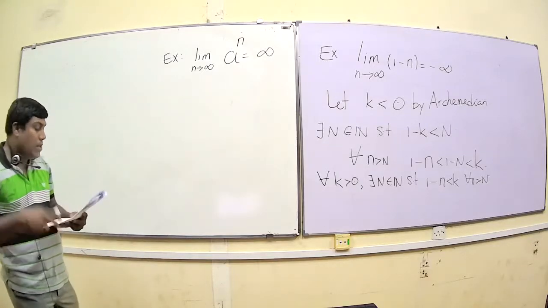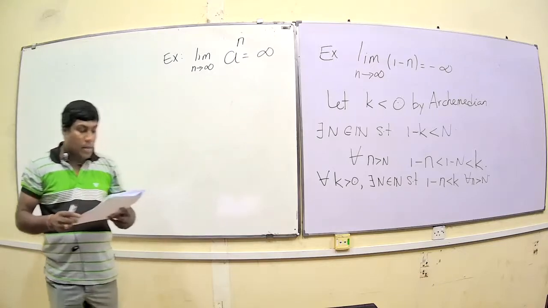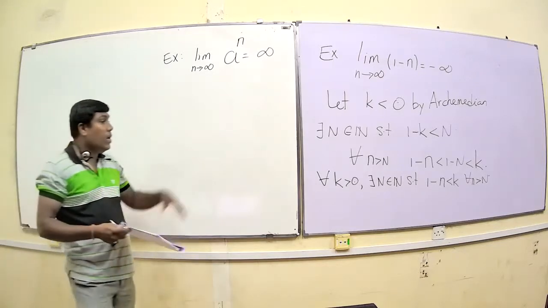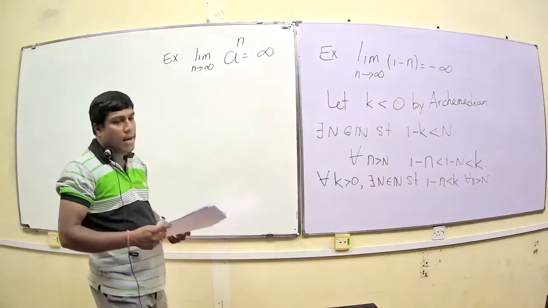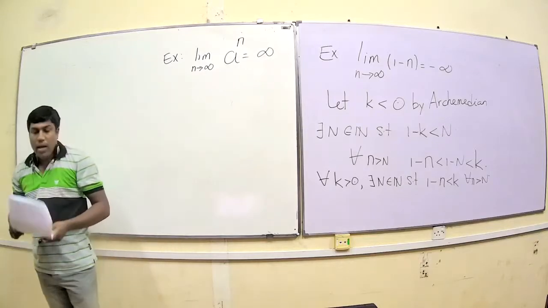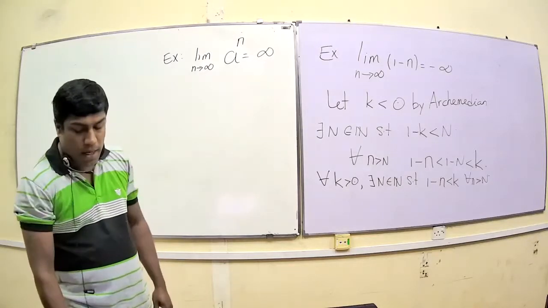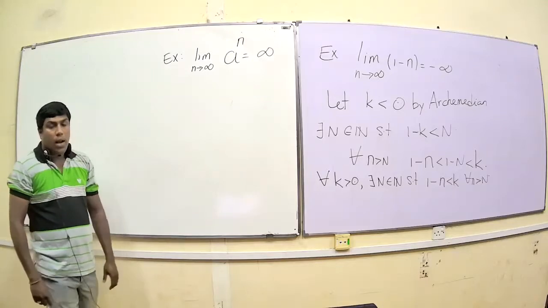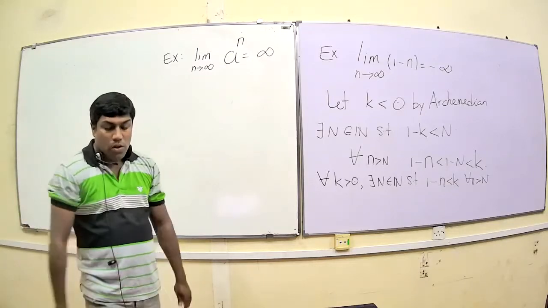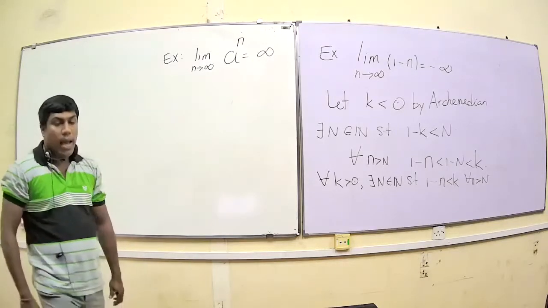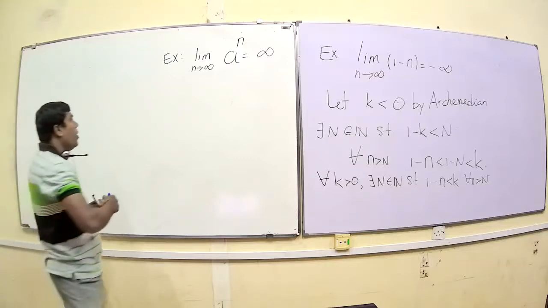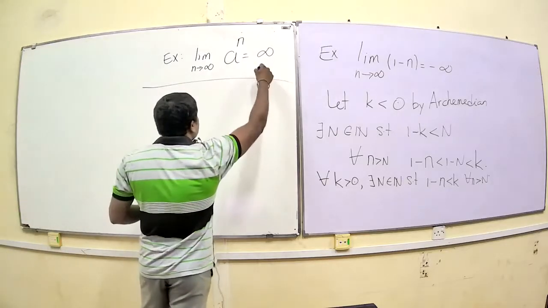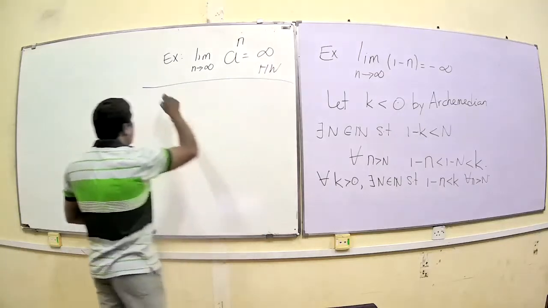Then you can always build up an inequality from that, so basically the inequality leads to the Archimedean property. That you can do. So this is a homework. Now we are going to define a new property of a sequence.